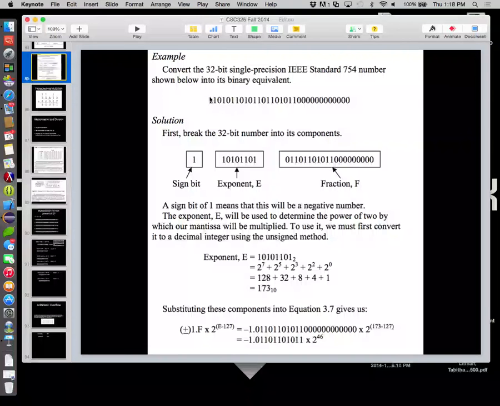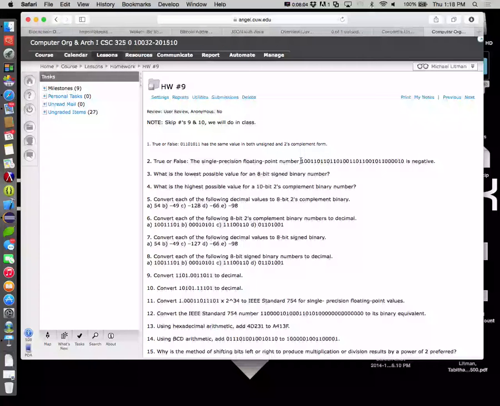That very first bit is the sign bit. And if it's a 1, it's a negative number. If it's a 0, it's a positive number. So this guy has a 1 there. So, true or false? This single precision floating point number is negative. Is that a true statement? Yes. That's true. Okay? That's a negative number. Make sense? So this kind of threw you a curveball. Looks really scary, but all you had to do is look at that 1 bit.